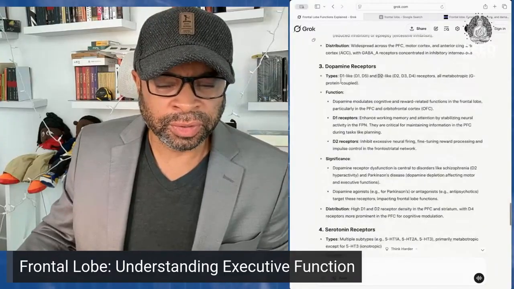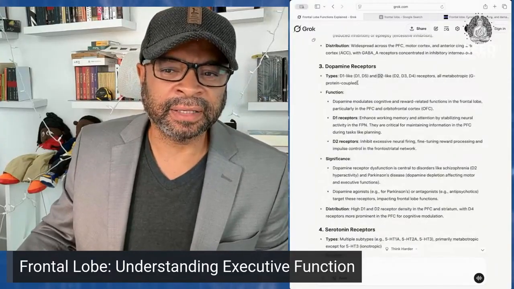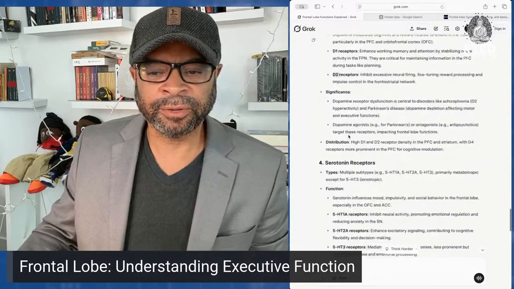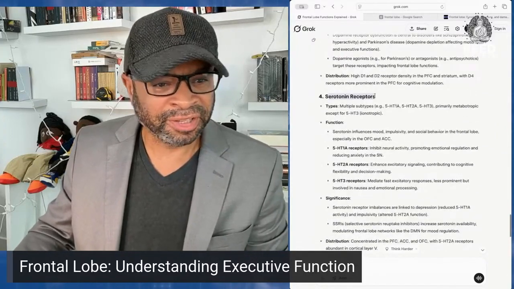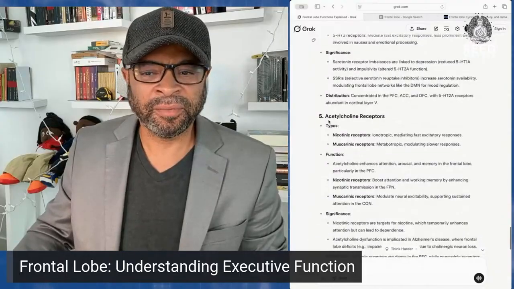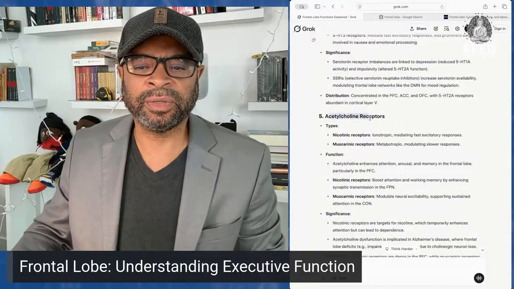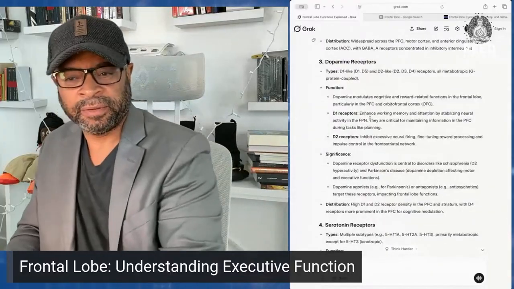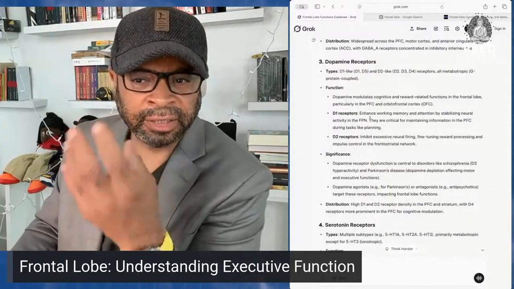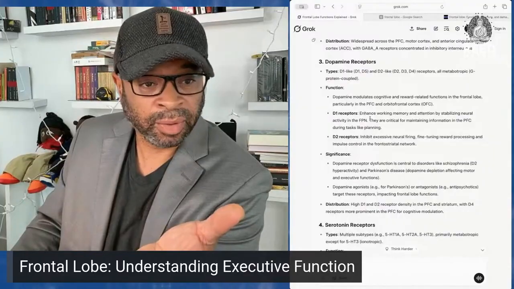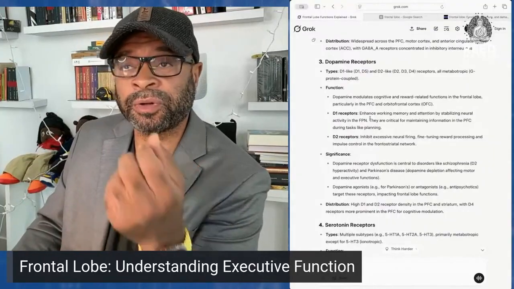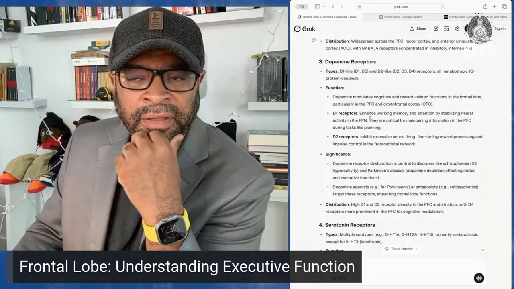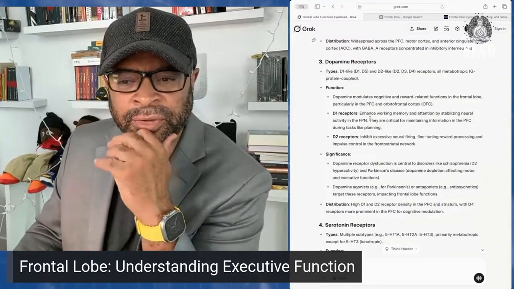If you were to use an atypical antipsychotic, it'll target D1 receptors, D2 receptors, the serotonergic receptors. Some of them target the acetylcholine receptors. So that's why mood stabilizers like Depakote and lithium and atypical antipsychotics like Seroquel, Risperdal, Geodon are very helpful in things like diffuse traumatic brain injuries.